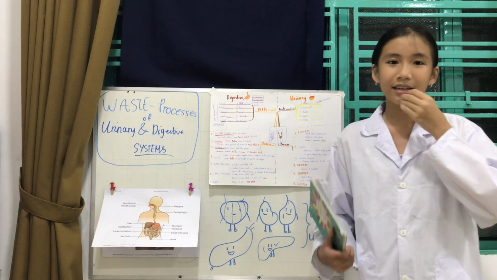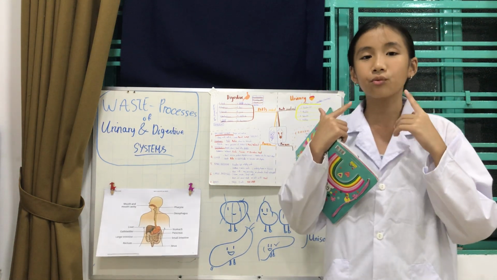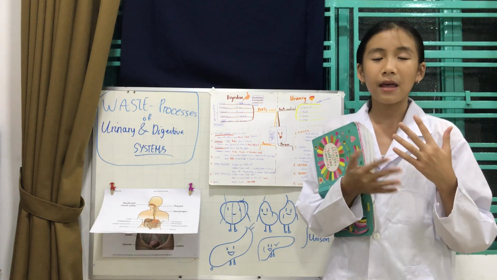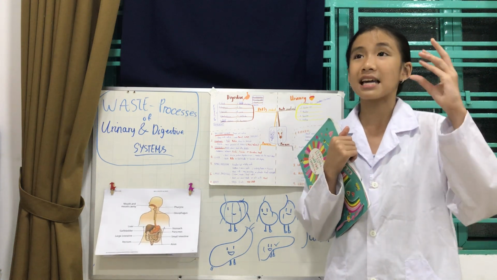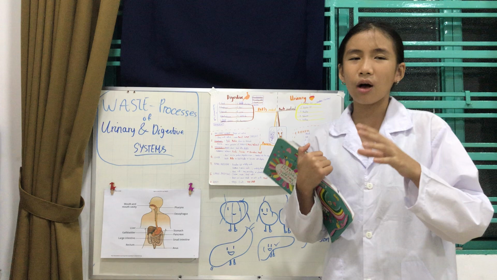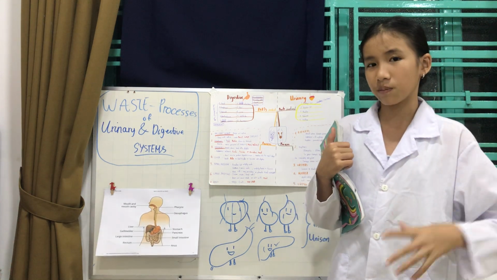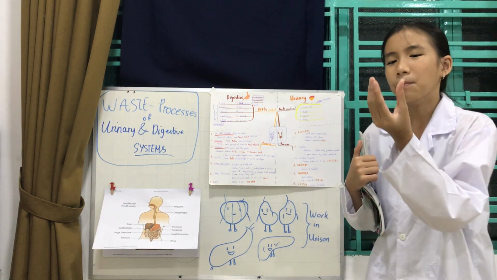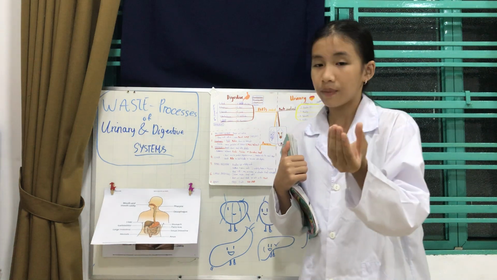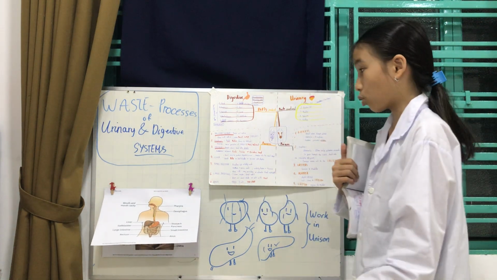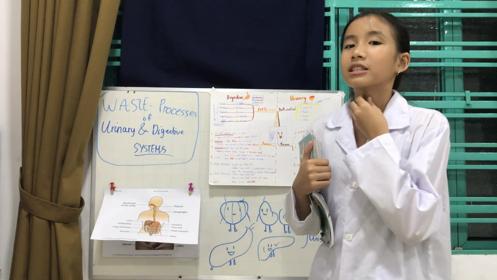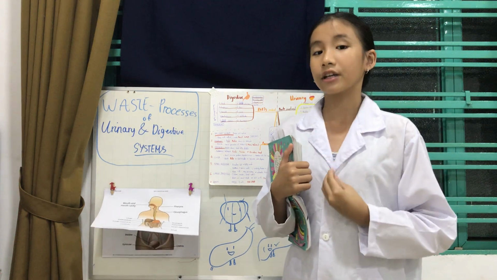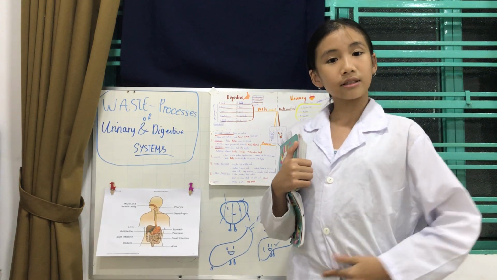When we eat, we chew the food with the saliva, and in the saliva there are enzymes, so it will help to break down a little of those parts. Then that moist clump of food called the bolus is transported down the esophagus to our stomach.